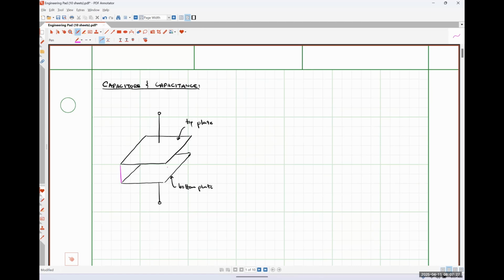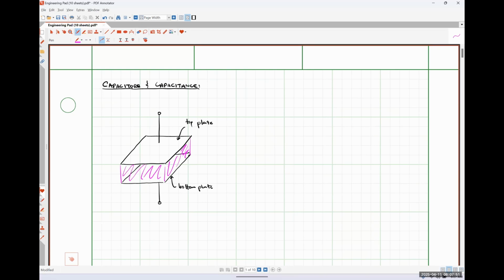So I'm going to draw this in pink, like so. And I'm going to try to just fill this in. So this is our dielectric material between our plates. And the properties of that dielectric material are going to change the capacitance that is exhibited by this system.